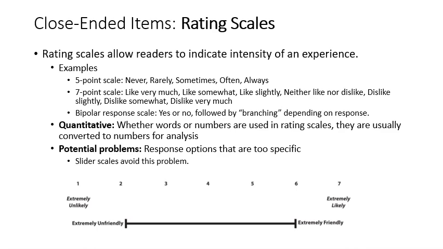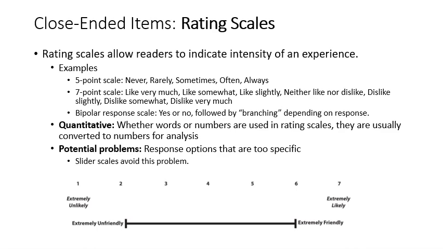You might have noticed here on the 7-point scale we have a lot of words, but typically these words would be converted to numbers for the sake of analysis. So like very much might be 1, like somewhat might be 2, like slightly might be 3, and so forth. And that allows easier analysis. We can run into problems with response options that are too specific.